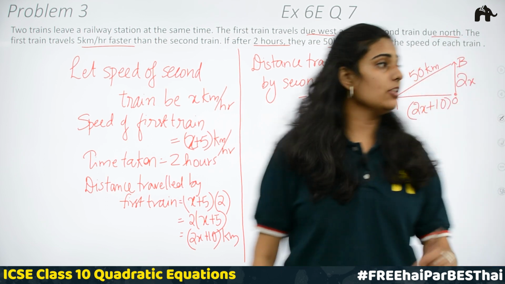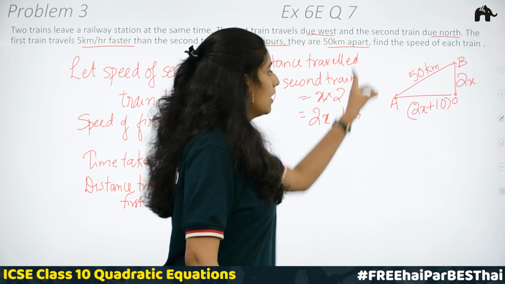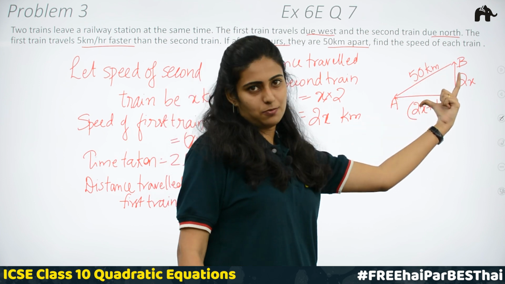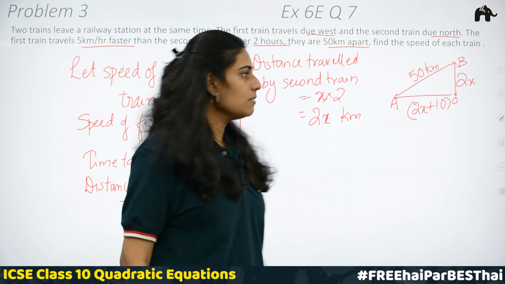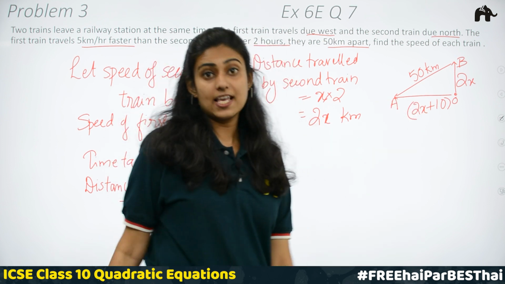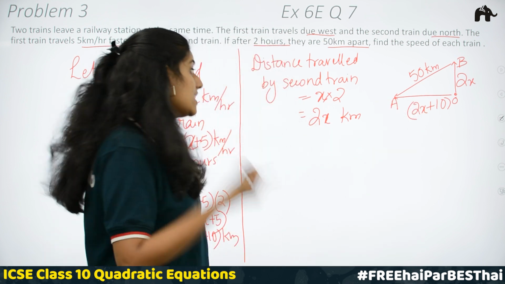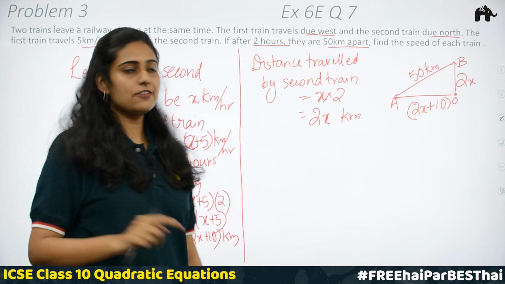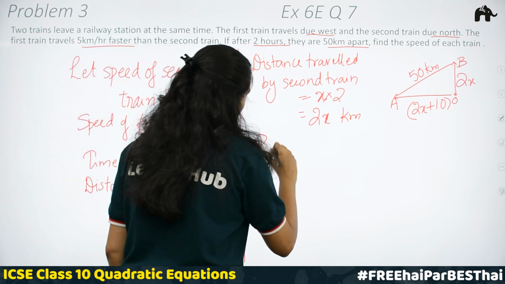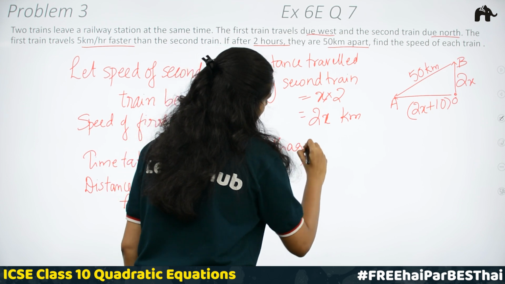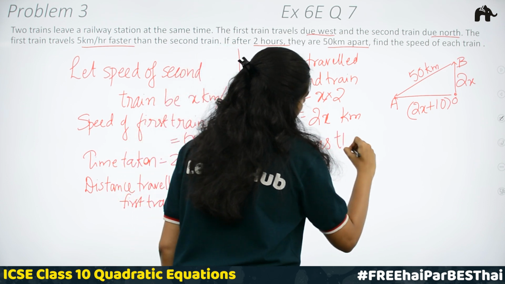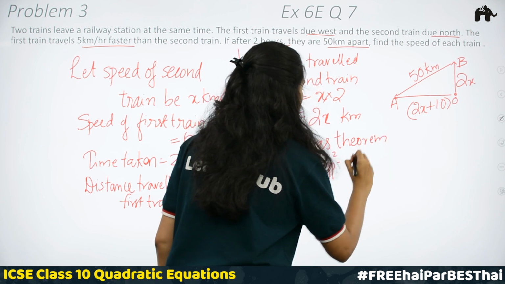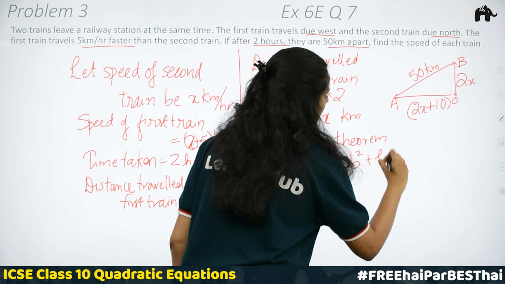Here when you consider this right triangle, we know the base, we know the height and the hypotenuse. We can use the Pythagoras theorem to solve this and find the value of x, which is the speed of the second train. After getting the speed of the second train, we can find the speed of the first train. So, using Pythagoras theorem, which states hypotenuse square is equal to base square plus height square.